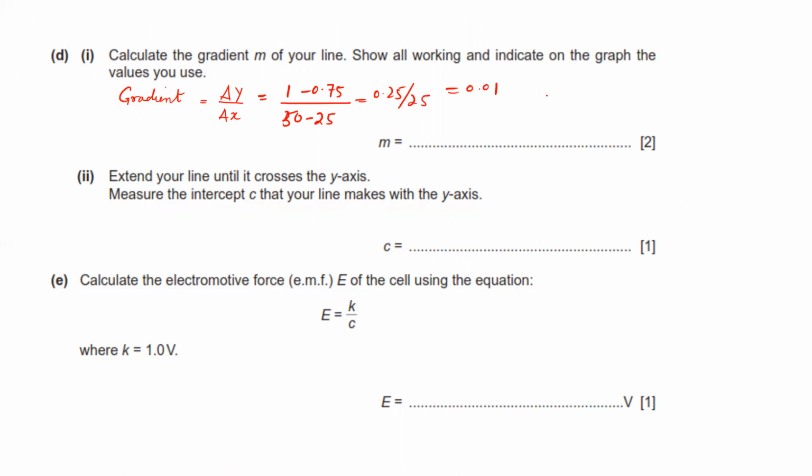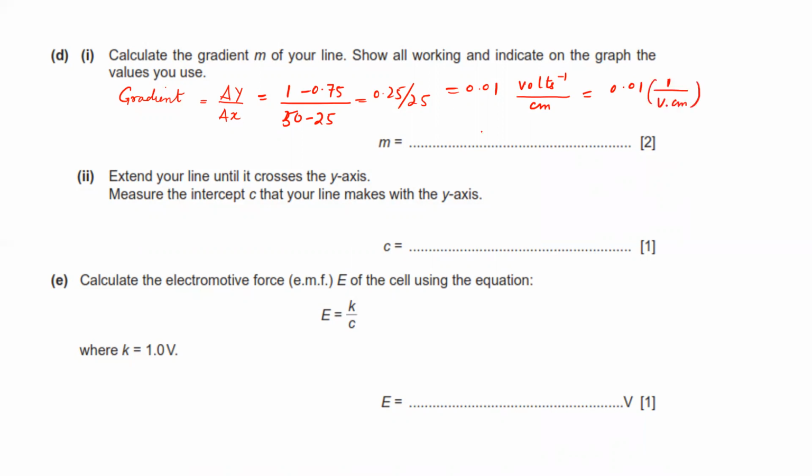Remember, the units on the y-axis are volts^-1, and on the x-axis we have centimeters. So it will be 0.01 1 by volts centimeter, something like this.